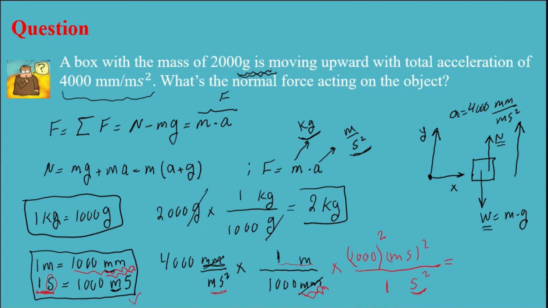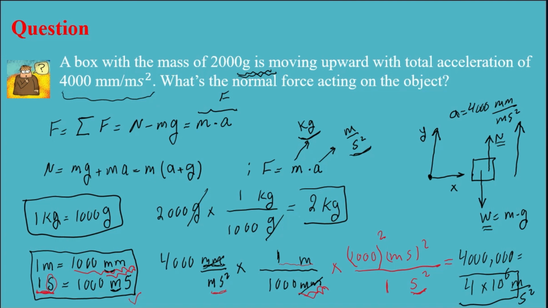So now if I do the math, the other way I can write it is 4 times 10 to the 6, correct? And that's going to be my final answer for acceleration in meter per second squared, right?